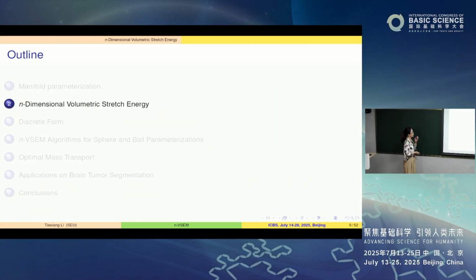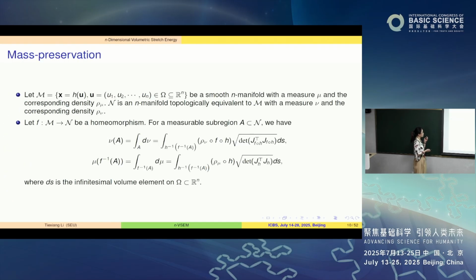Based on the previous concepts, we generalize them to the ND manifold to consider the volumetric structure energy. So now let's consider all the concepts in ND manifold. Here we let M be a set in R^n.